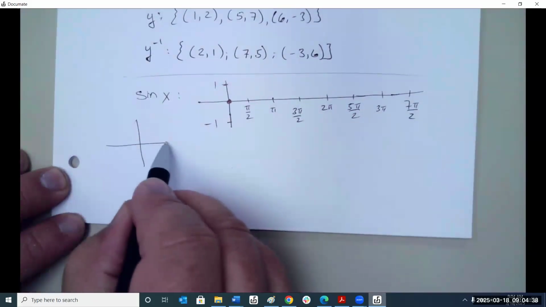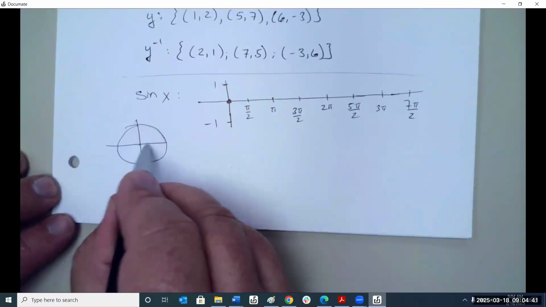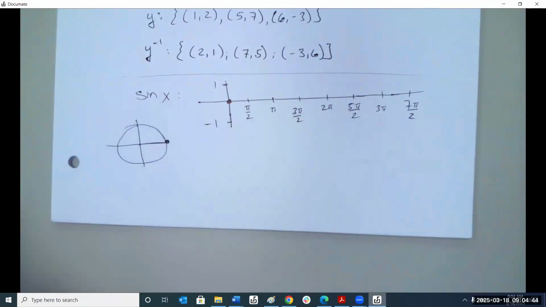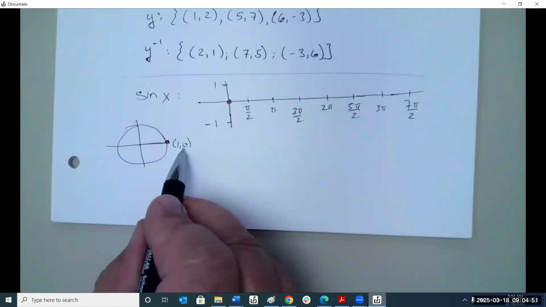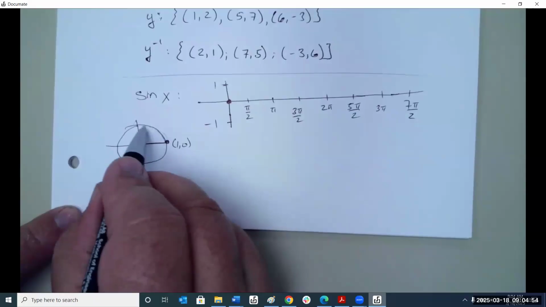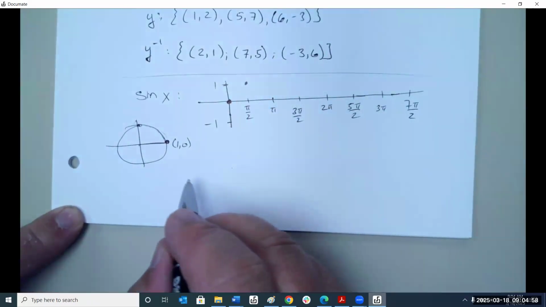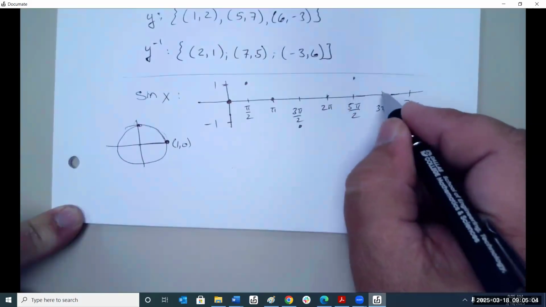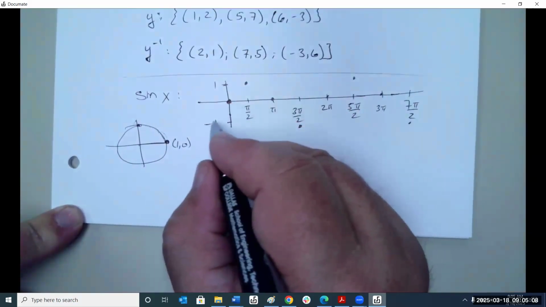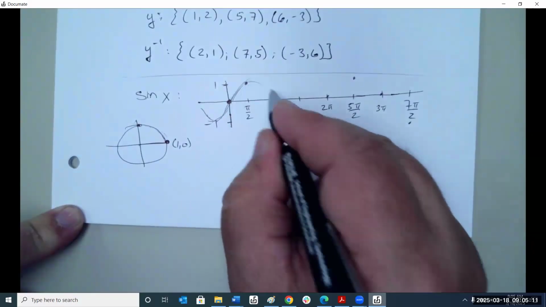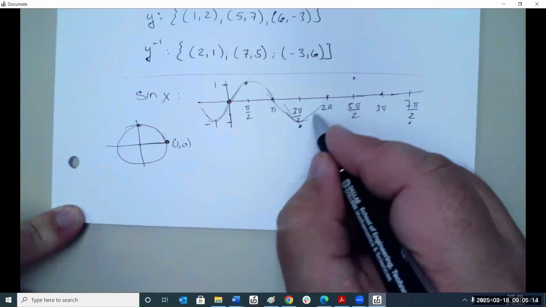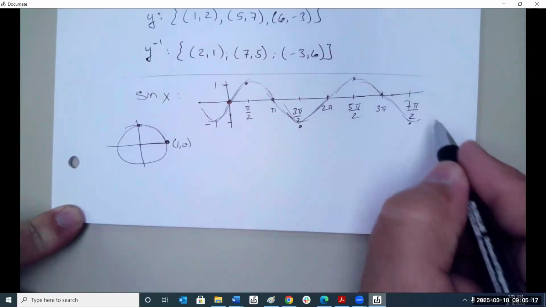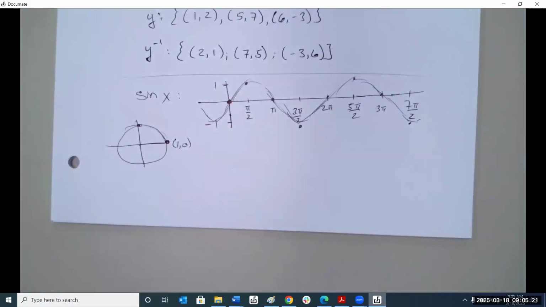Think of the unit circle. At 0, remember the sine deals with the y-axis, the y values. This is 1, 0. So at 0, sine is 0. At pi over 2, it's 1. At pi, it's 0. At 3 pi over 2, it's -1, and it continues in this cyclical manner. So that's y is equal to sine x.